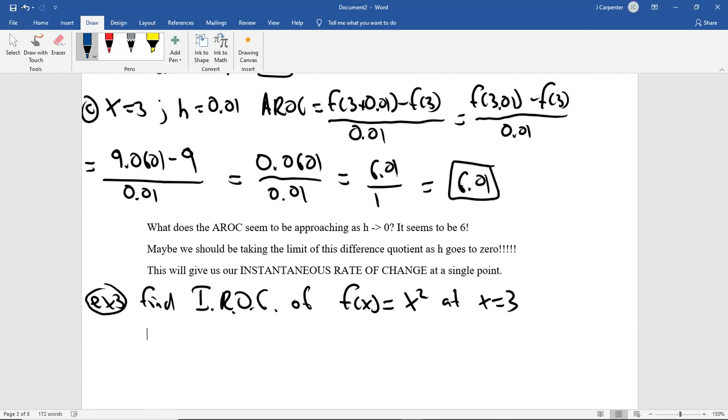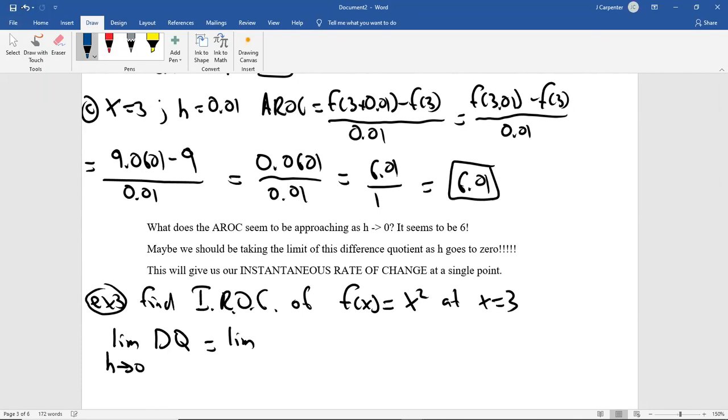What we want to do is take the limit as h goes to 0 of that difference quotient formula. This gives us an instantaneous rate of change.